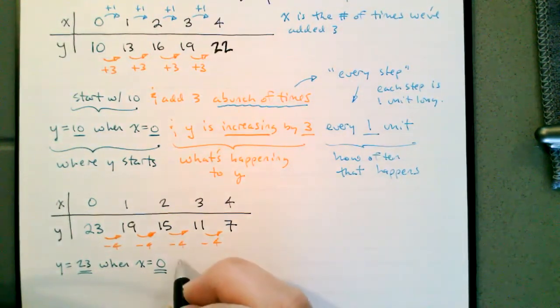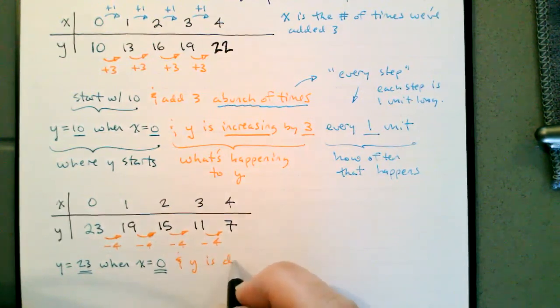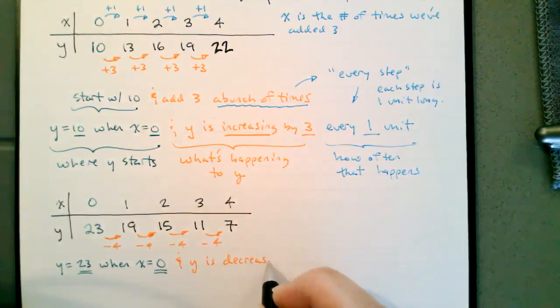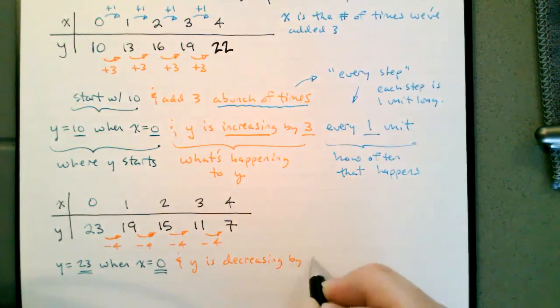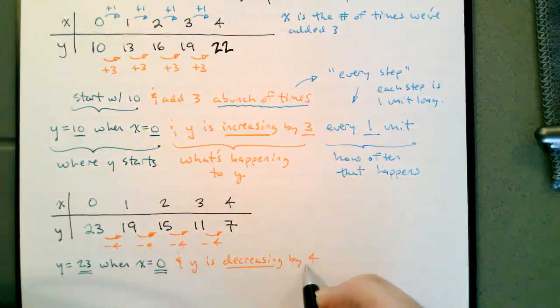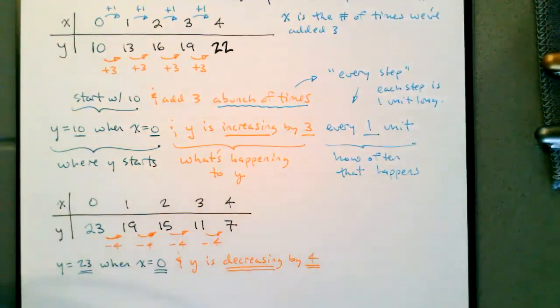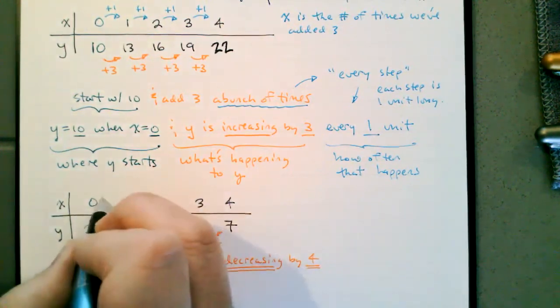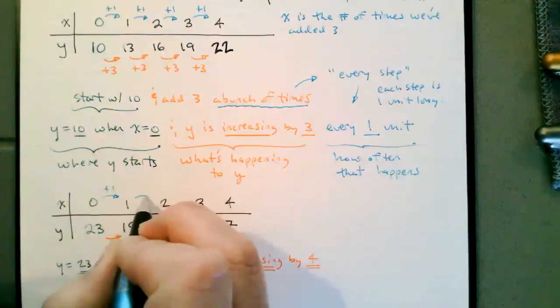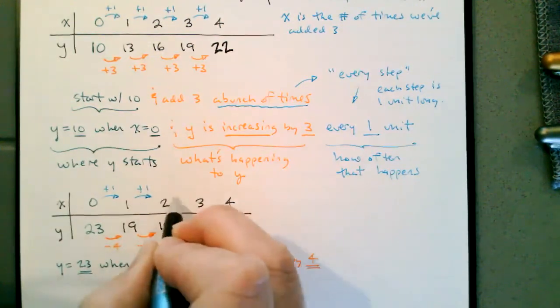So y is 23 when x is 0, and y is decreasing by 4. And we are describing what's going on. And then we look at how big the steps are. This is going to happen every step, and each step is 1 unit long.